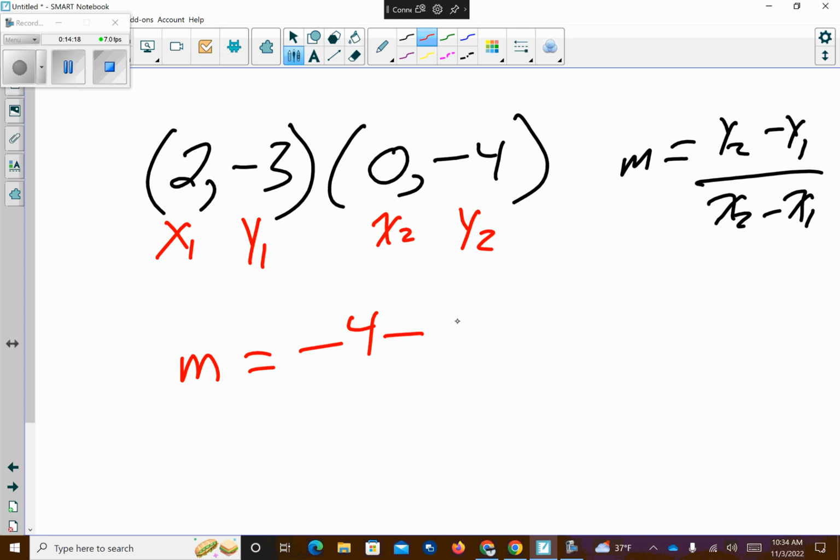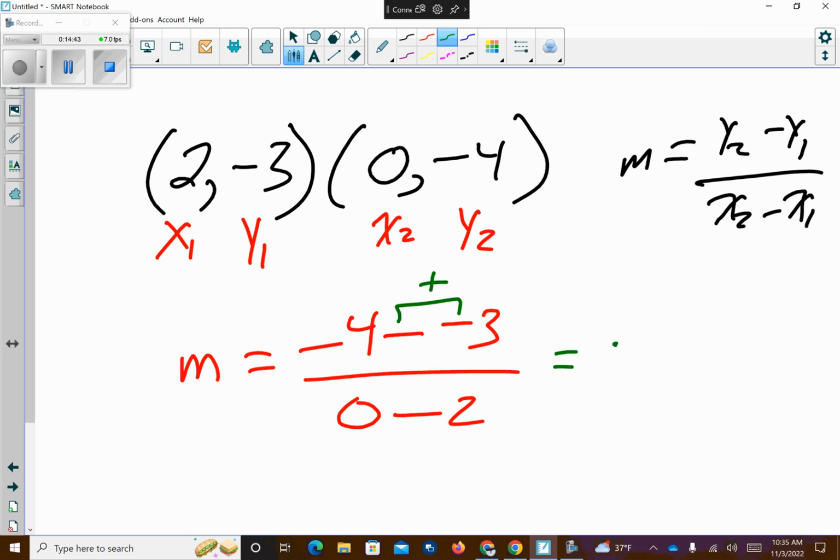So take a look at what I have written up there. What do we think? Yeah, so things that we have to recognize. What does this become? A positive. So 4 plus 3, -4 plus 3, -1 over -2.